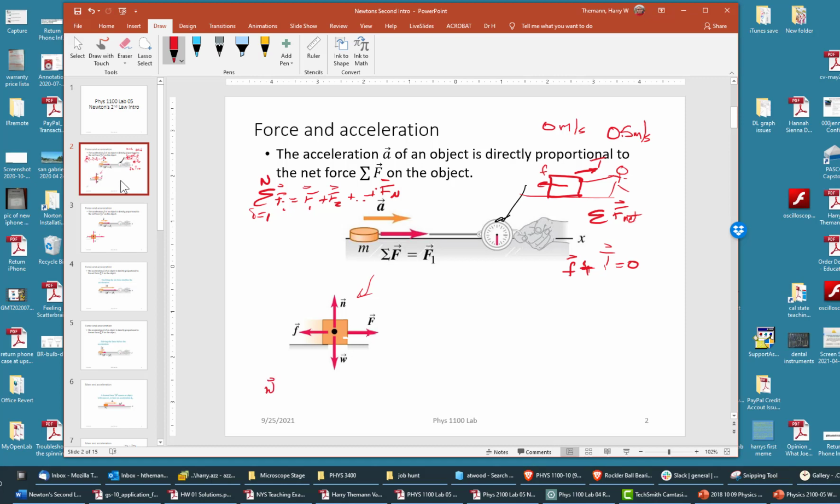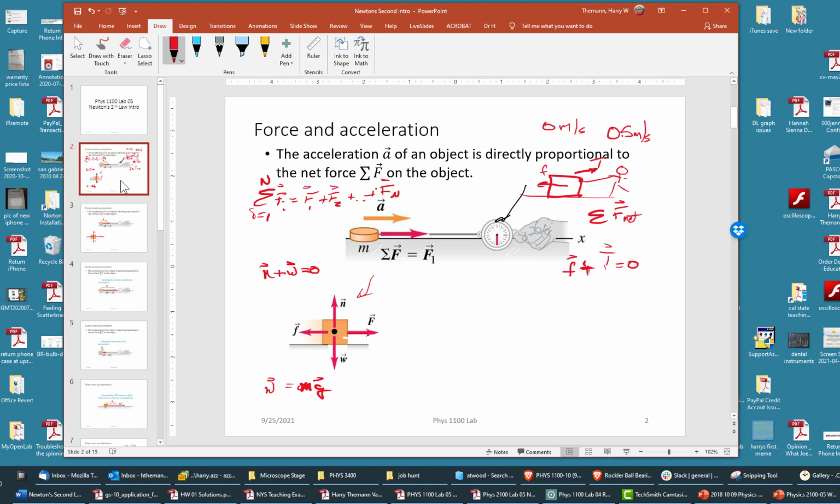W is the weight, and that's defined as the mass times the acceleration of gravity. And hopefully you know what that is, either 9.8 meters per second squared or 10 meters per second squared. And usually we say that in this case, N plus W equals 0 because they're equal and opposite. You know, you put things on the table so they'll stay put.